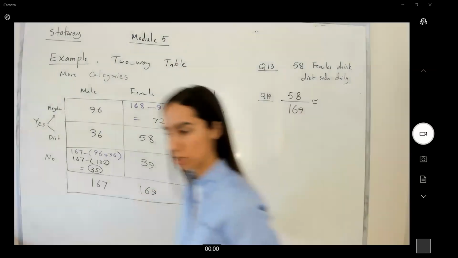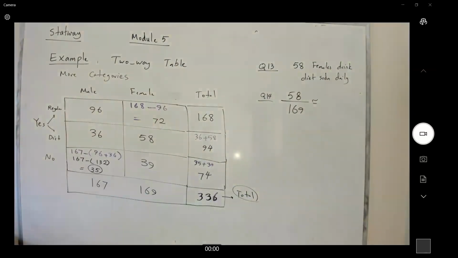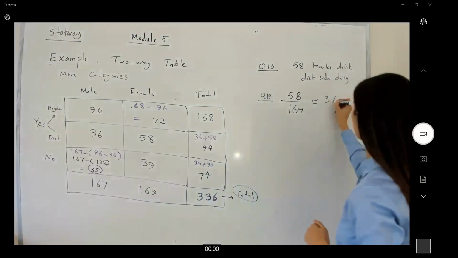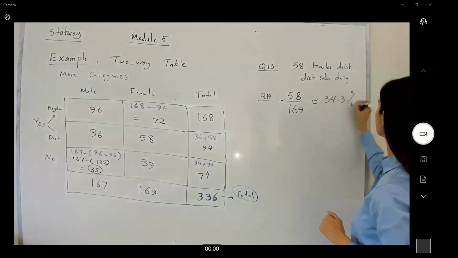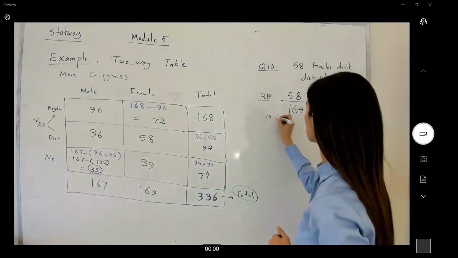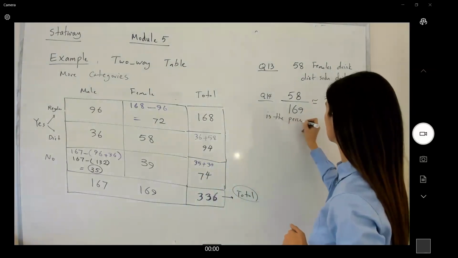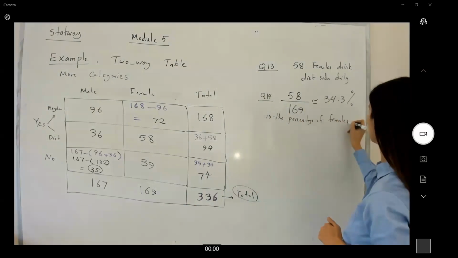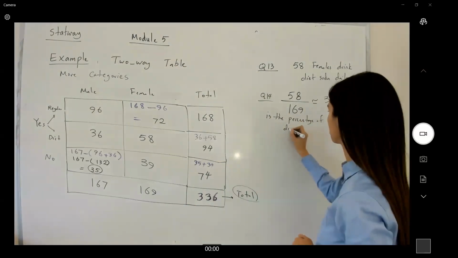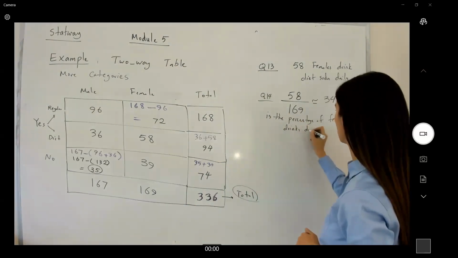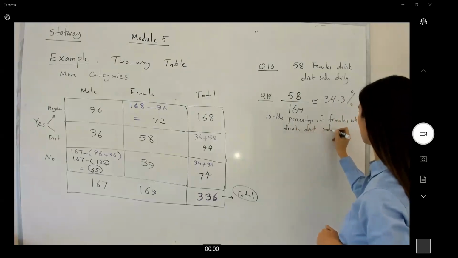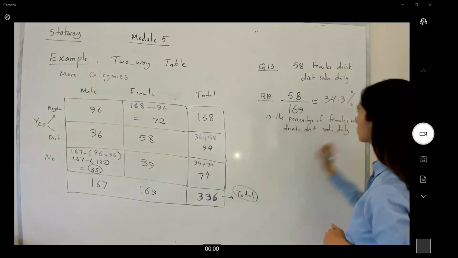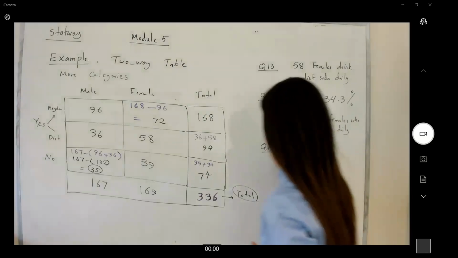If we just do the calculation, it's 34.3%. 34.3% is the percentage of females who drink diet soda daily.